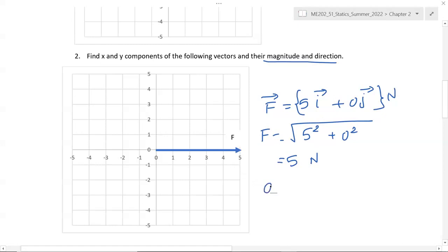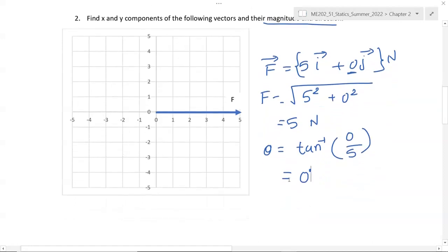And we can calculate the angle theta of this vector as tan inverse of y component divided by x component, which is 0 degrees. That's how we calculate the magnitude and direction of the vector. This is the concept that we apply to multiple forces and resultant force as well.